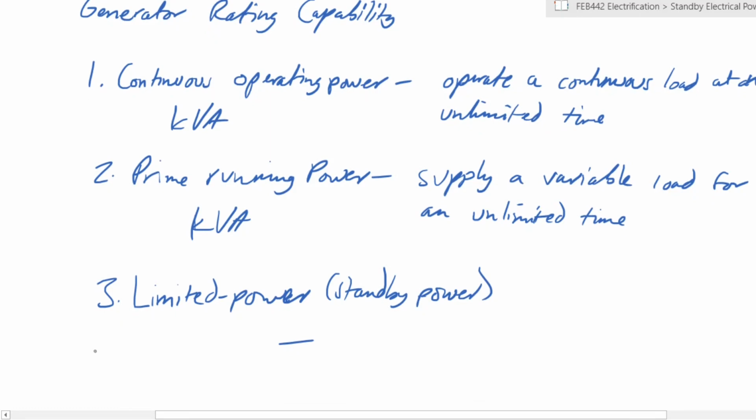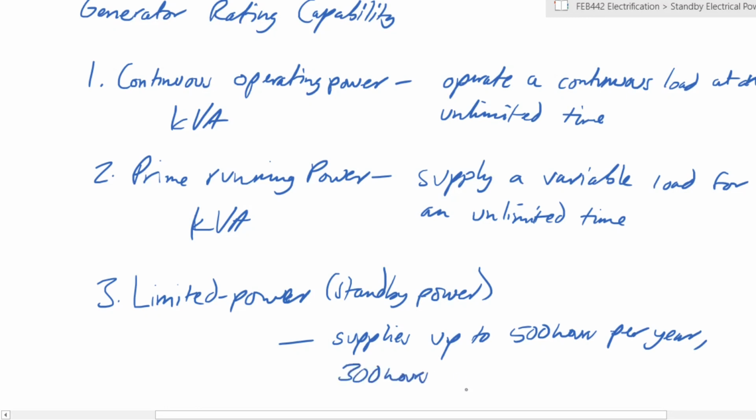So it is a specific definition. It is the maximum power that the generator supplies up to 500 hours per year, and 300 of which can be continuous.